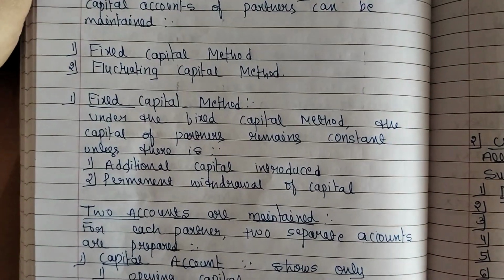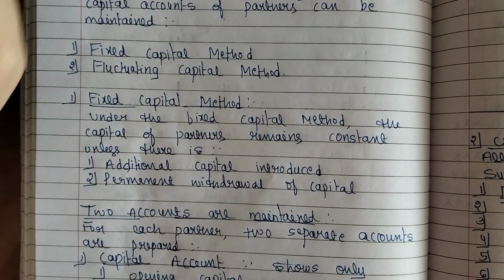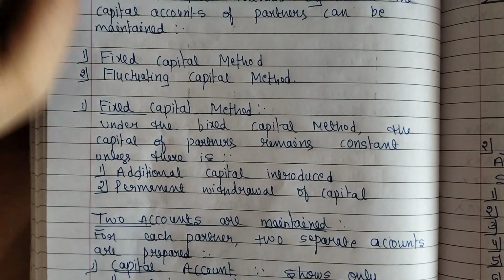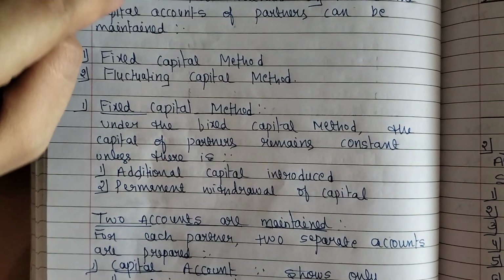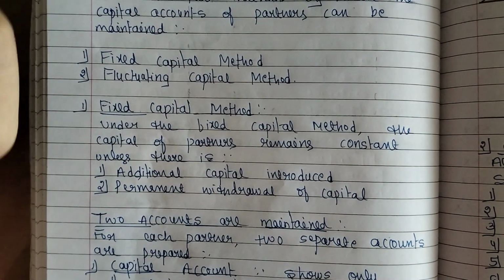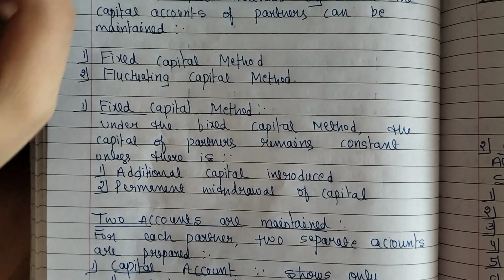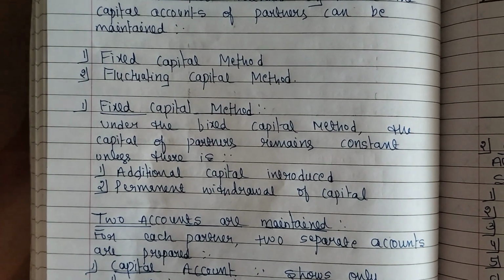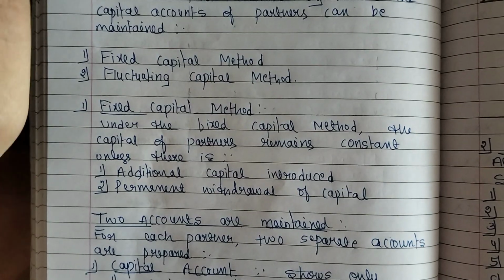So in maintenance of capital accounts of partners, there are mainly two methods, fixed capital method and fluctuating capital method. Now we have just discussed the fixed capital method. In this method, the capital of the partners remains constant unless there is additional capital introduced or permanent withdrawal of capital.